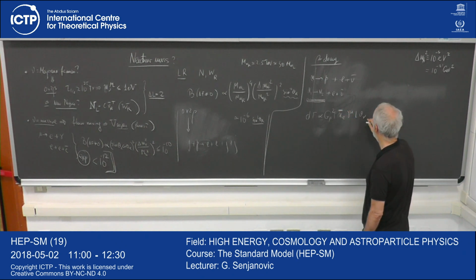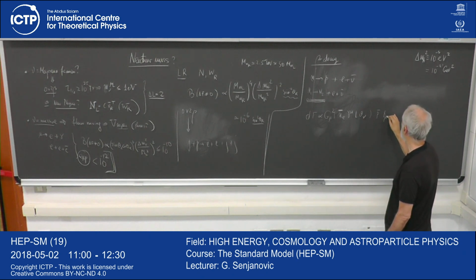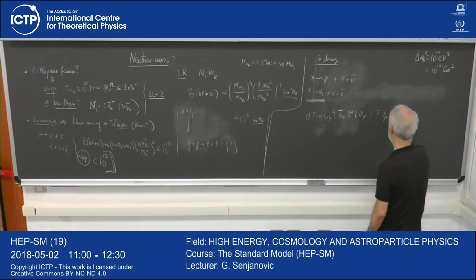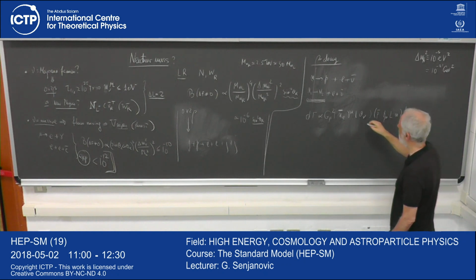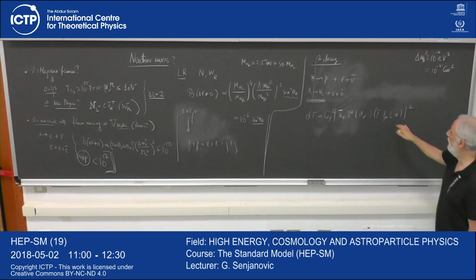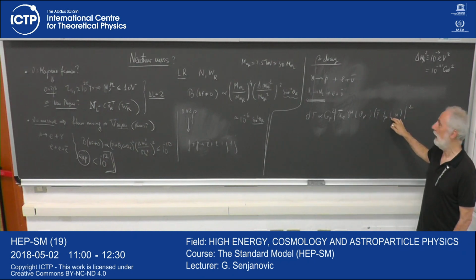Now, of course, at the same time we have p̄ gamma mu n, the nuclear part. This is the amplitude that we square. Now, if the nucleus is not moving, this is going to pick up only gamma 0.